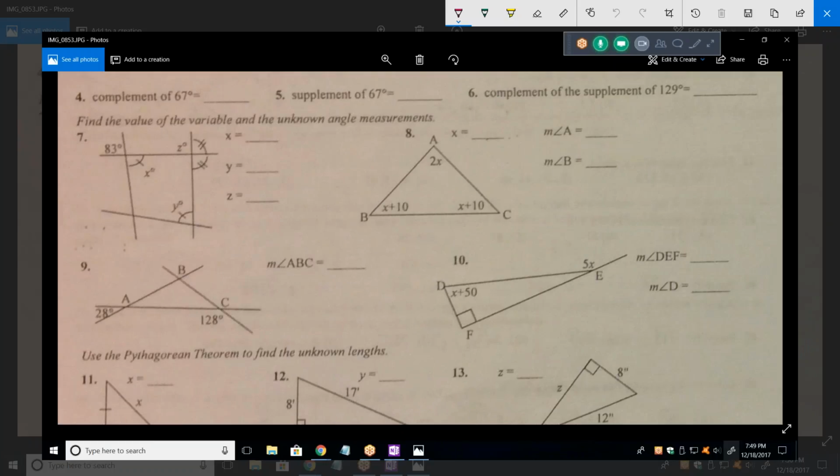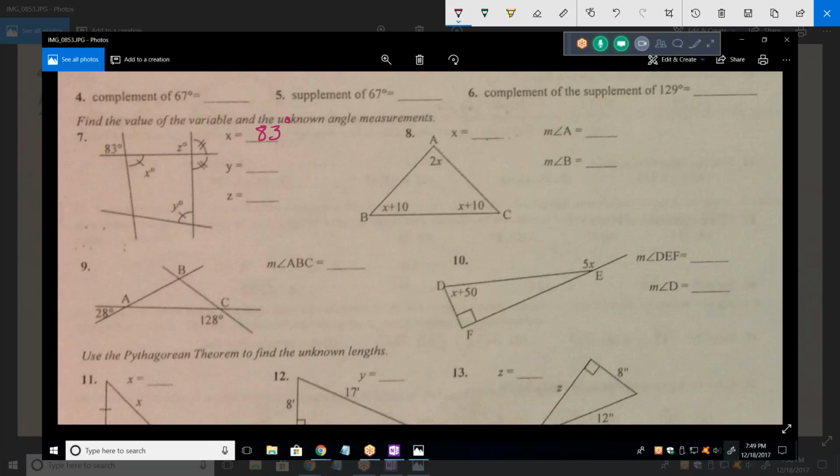So we got to find the value of the variables, which are x, y, and z, and the unknown angle measurements. There's lots of angles here that we can label. So first of all, let's start with x. What is the measurement of x and y? Why? Do you know the name of it? It's because of vertical angles.